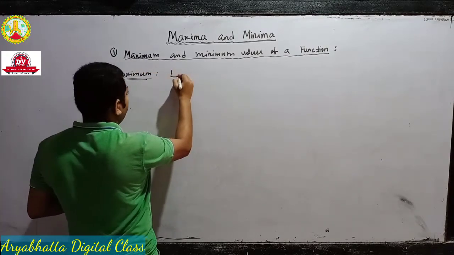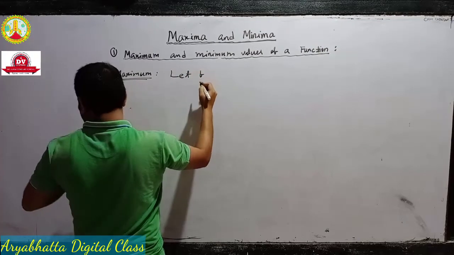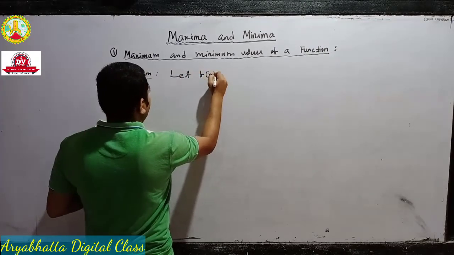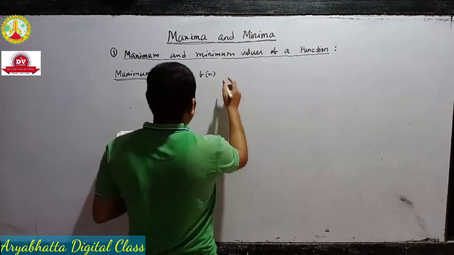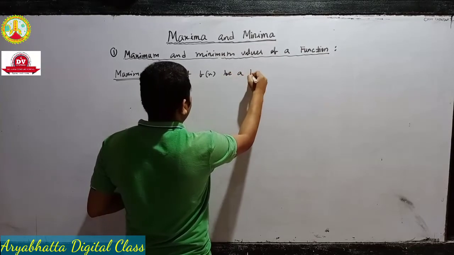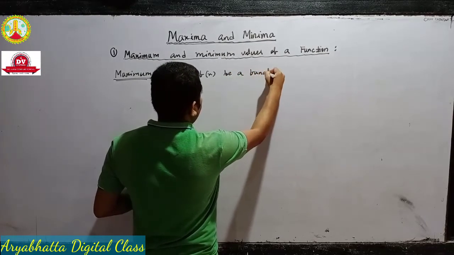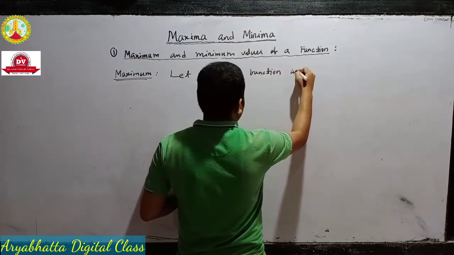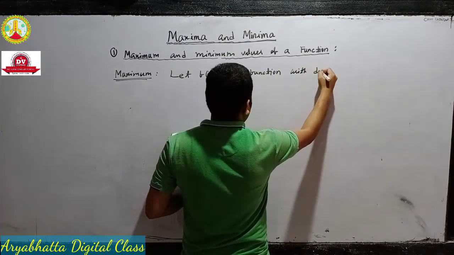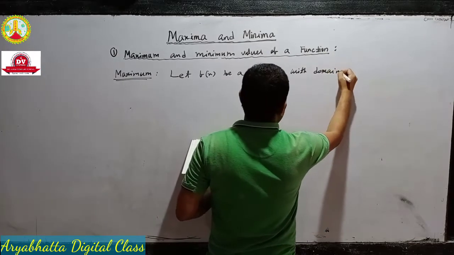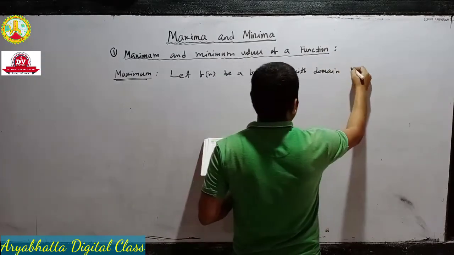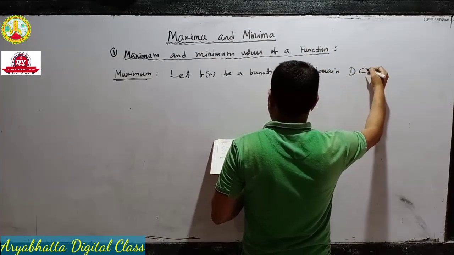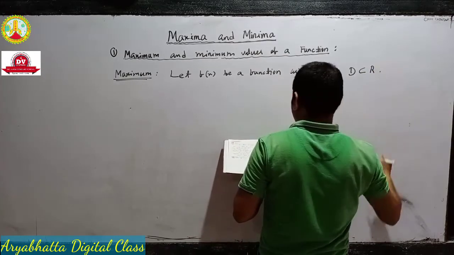Let f of x be a function with domain D, a proper subset of R, where R means real numbers.